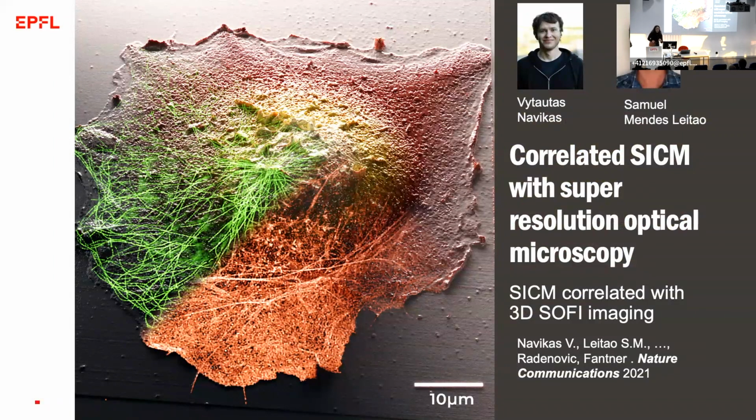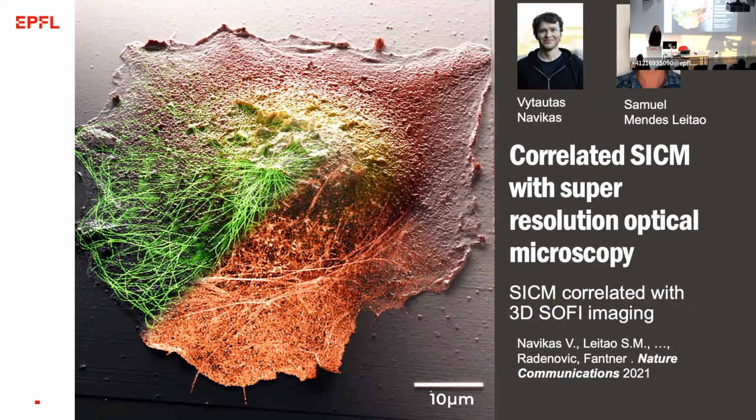So, leveraging the hard work from Samuel and the collaborators from LBNI, and also having a great couple of students, Vytautas and Samuel, they teamed up to combine these two techniques and indeed peer inside the cells.